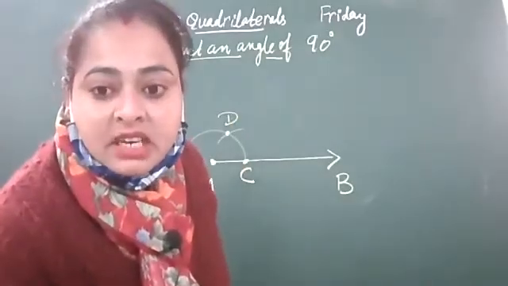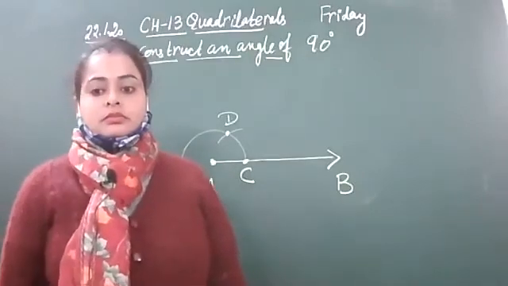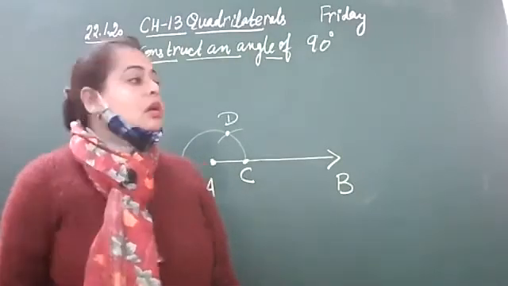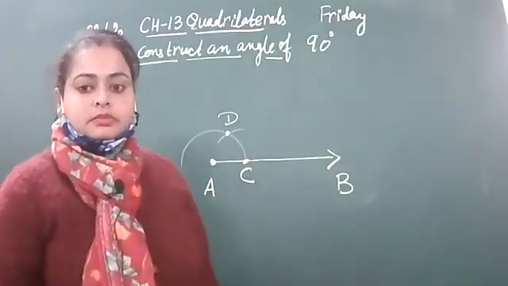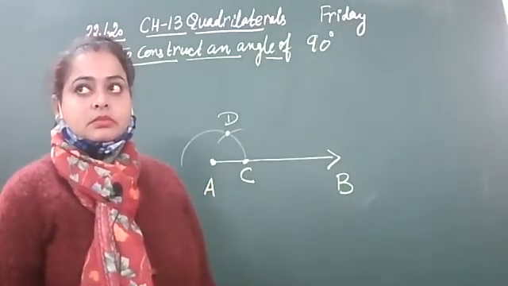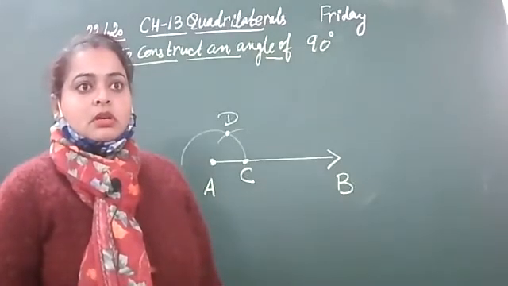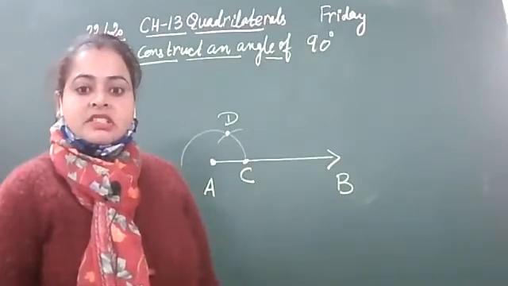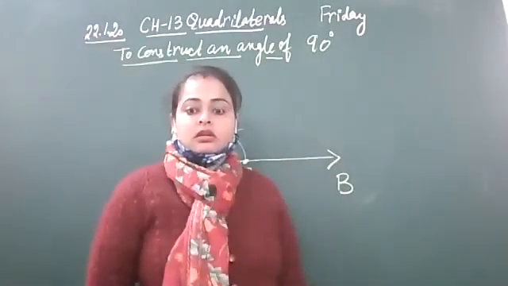Now, what is the next step? Kratigya, unmute yourself. Good morning, ma'am. Good morning, Kratigya. Tell me, what is the next step? Ma'am, the next step is to make a slanting line. Our requirement is not a 60-degree angle. Our requirement is a 90-degree angle.